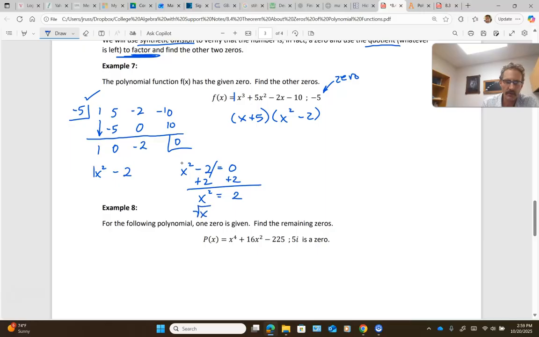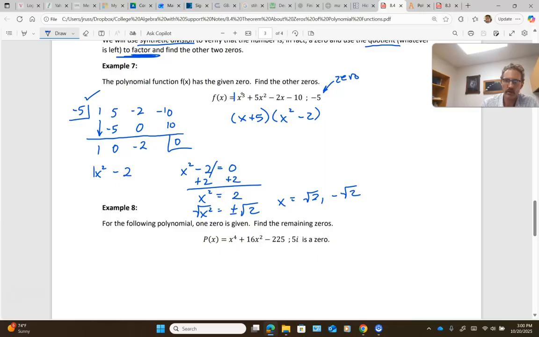And then if you remember, here again, we see that we have conjugates right here because the square root of 2 is an irrational number. And so this is going to give us that x is equal to the positive square root of 2 and the negative square root of 2. So that's why those irrational zeros come in conjugate pairs. And so anyway, these are the other 2 zeros of this third degree polynomial.